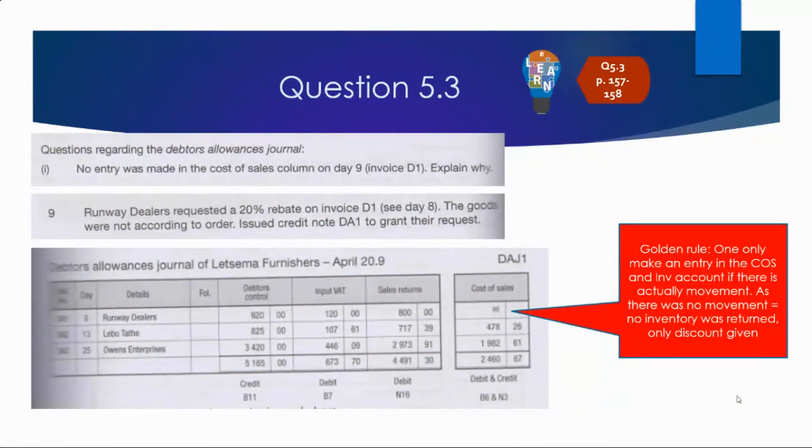So instead of returning it, they still have the information they wanted, but it's not exactly the way they wanted it. So they're just asking, okay, fine, we're not going to return it, but we just want a small return or discount to make up for the fact that it isn't 100% correct. So that is why there was no cost of sales value.